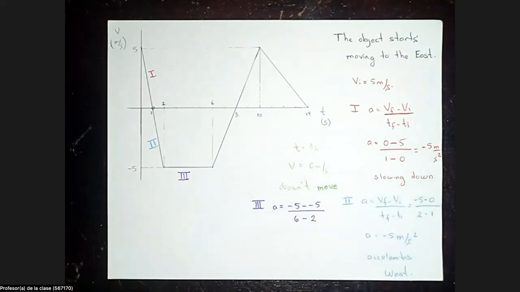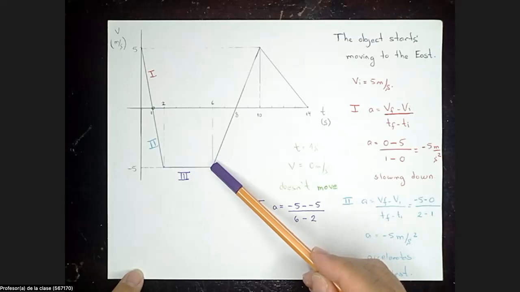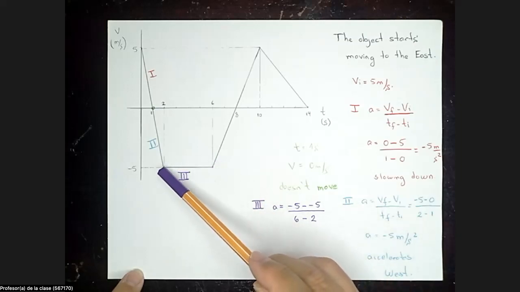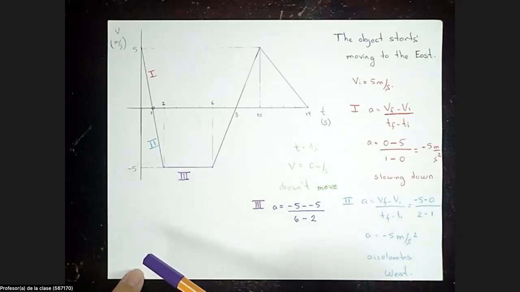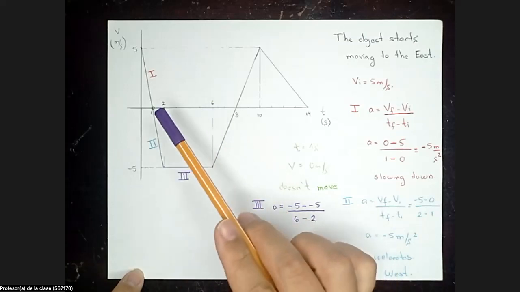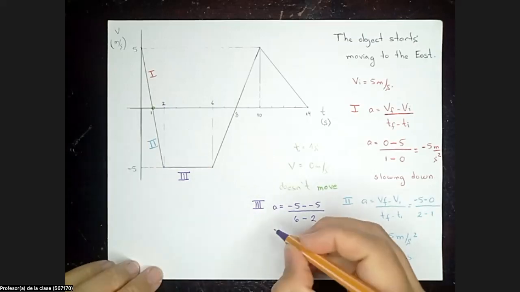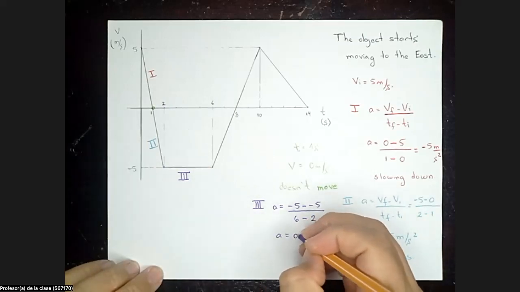Because the final velocity here is minus 5 and the initial velocity is minus 5. And the final time is going to be 6 and the initial time is going to be 2. So the acceleration is 0.